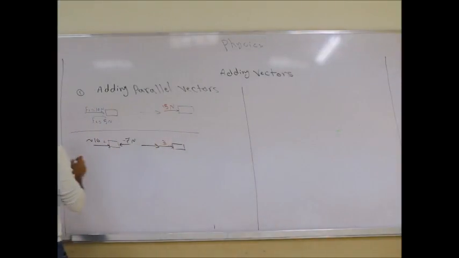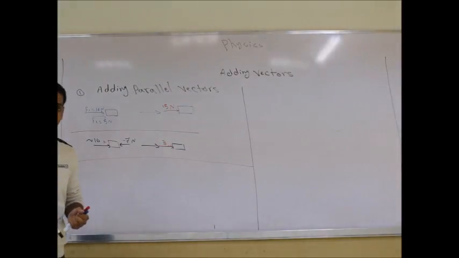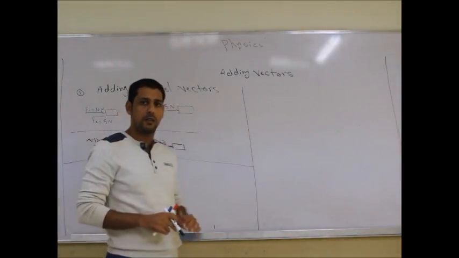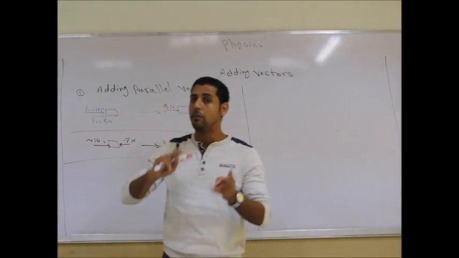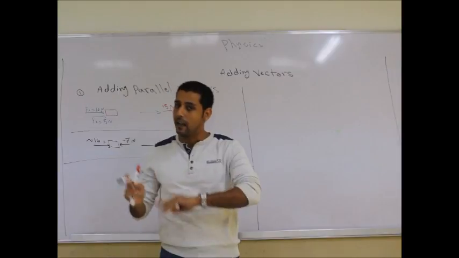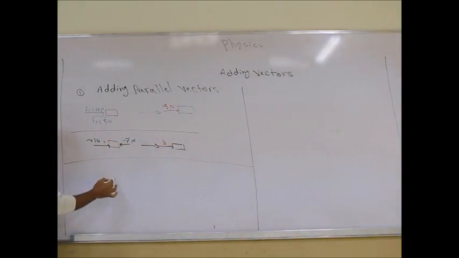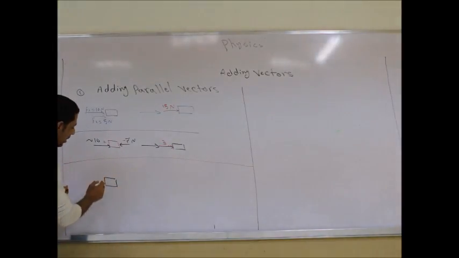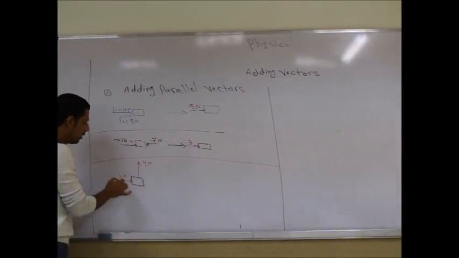The second case is if the two vectors are perpendicular to each other. Perpendicular means one vector is on the x-axis and the other one is on the y-axis. For example, the same object, and we have here a force of 3 Newton, and we have another force, pushing this one, of 4 Newton.